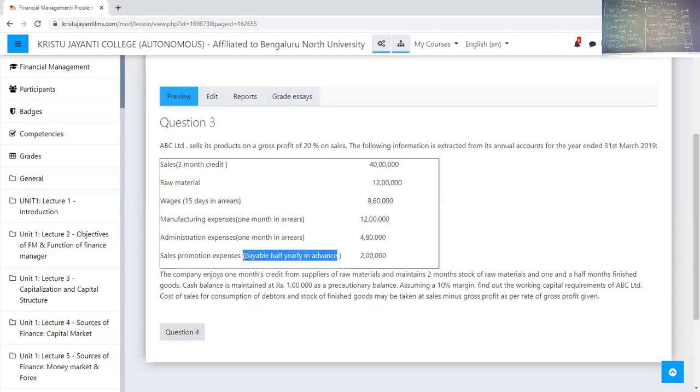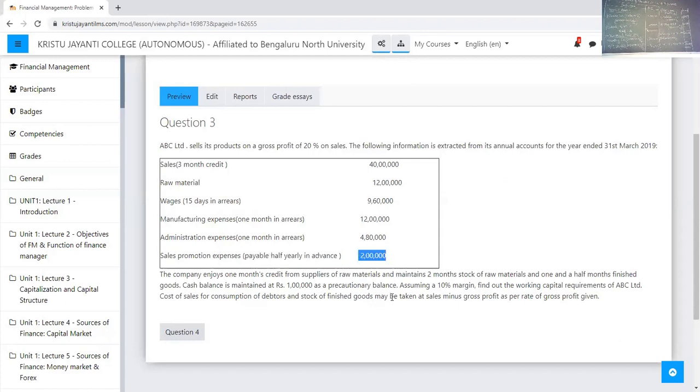Last, sales promotion expense payable half yearly in advance. You will have to make a note of this. What have they told? Sales promotion expense, they are making the payment in advance. So before you incur that particular expense, they are paying it in advance. So the advance payment becomes an asset for a particular company, because before I meet the particular expense itself, I am setting aside the amount of 2 lakhs to be paid in the future.